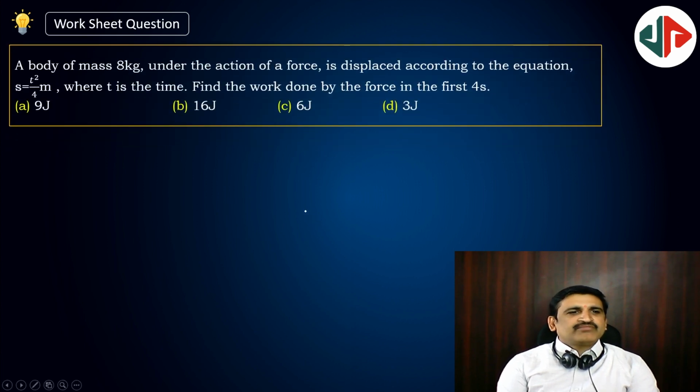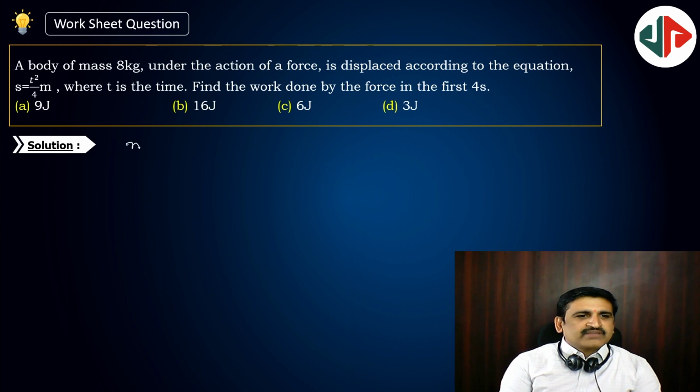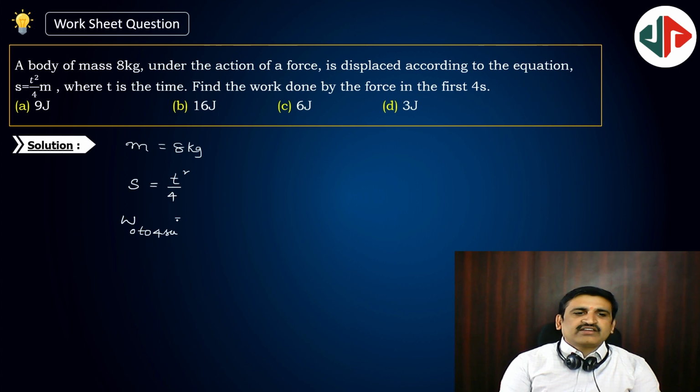A body of mass m equal to 8 kg, under the action of a force, is displaced according to the equation S equal to t square by 4. Find the work done by the force in the first 4 seconds, from 0 to 4 seconds. I have an idea for it.